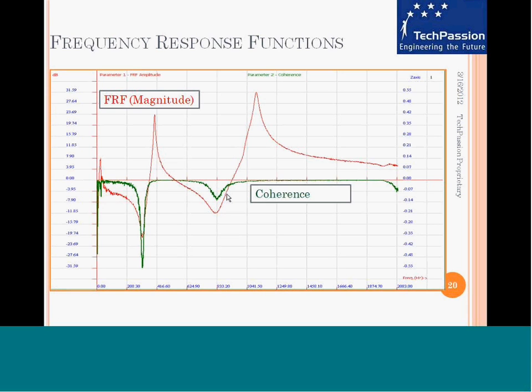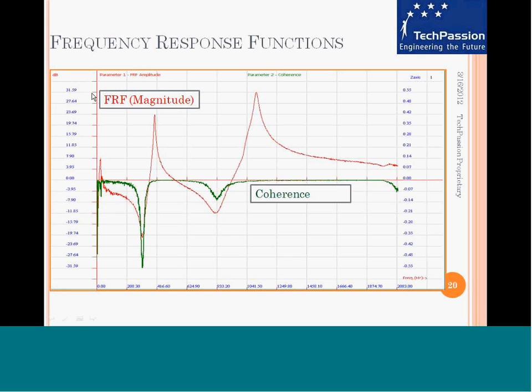It tells you the fidelity of the frequency response function, so to say. So wherever there is a peak in your frequency response function, you want to make sure your coherence is close to zero if it is plotted on a log scale. If it is plotted on a scale of 0 to 1, it should be 1. Here it is plotted on a log scale.